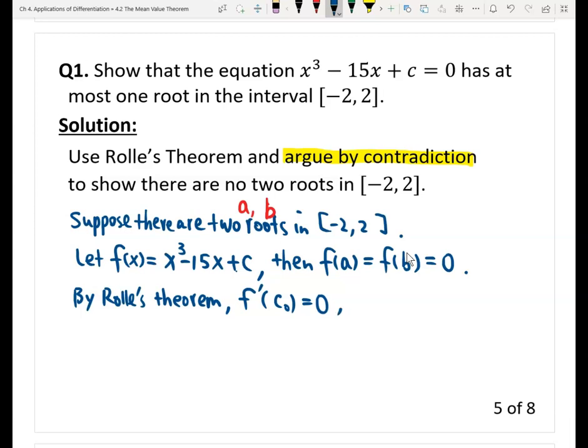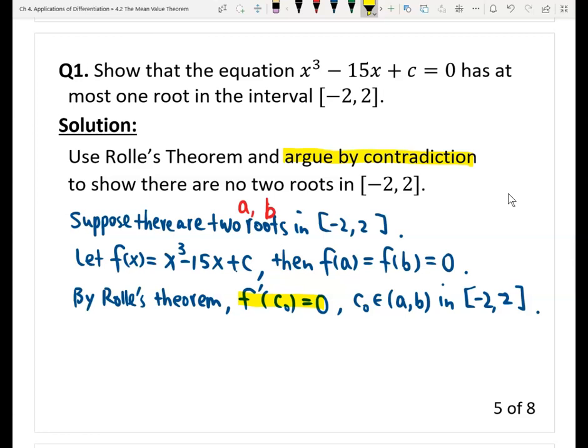Let me write a little bit more. c0 is a number between a and b, therefore it is in -2 to 2, because a and b are between -2 and 2. Now, what kind of contradiction can I make?